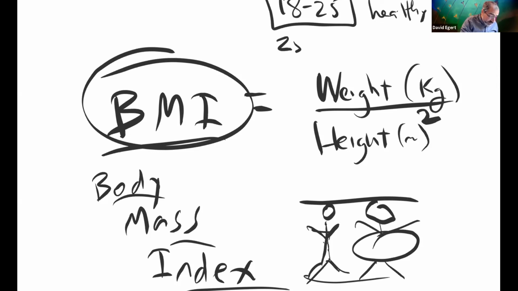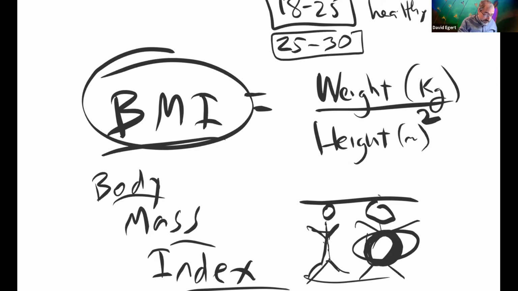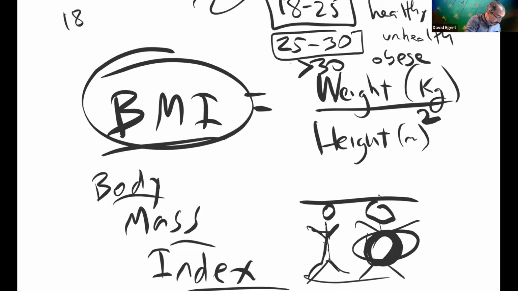When BMI is 25 to 30, your amount of weight for a certain height is getting into unhealthy. When you are greater than 30, this is starting to be considered obese. If you're less than 18, this is also unhealthy. You're too scrawny. You're kind of getting anorexic or something.